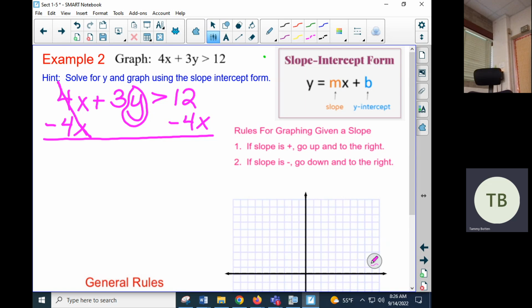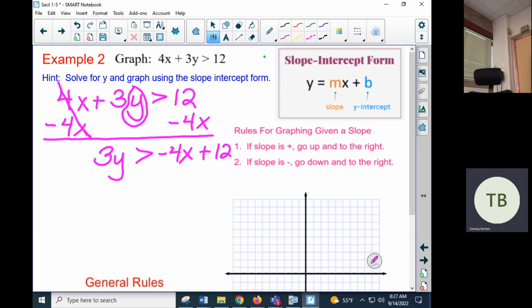Then this is gone. You have 3y is greater than, and I was showing you this a little bit in our last lesson. When you do these, you want to put that x in front of the constant just so it's in this form. So you're going to do negative 4x. And then what's understood in front of the 12 is a positive, so it would be plus 12. So when you do that, you use the sign that's in front of each of them, okay?